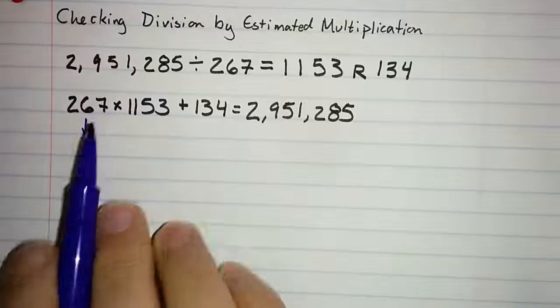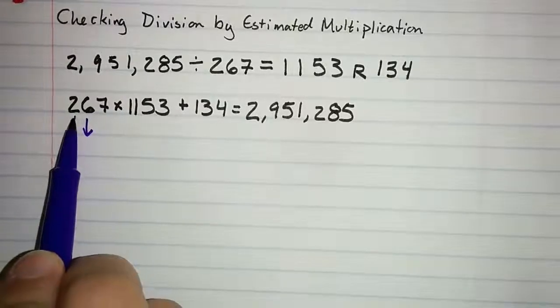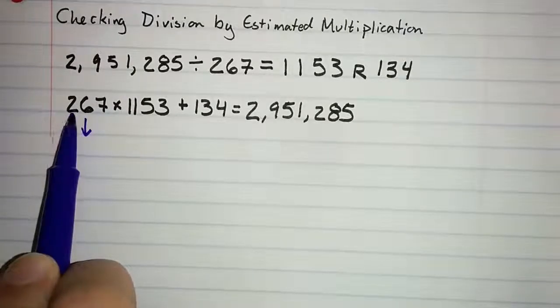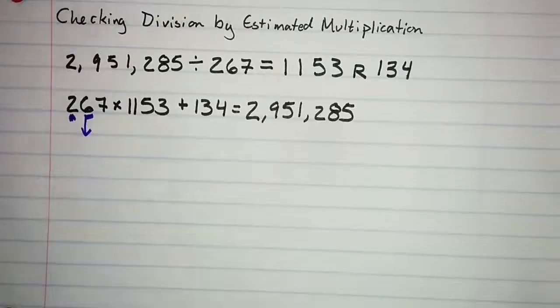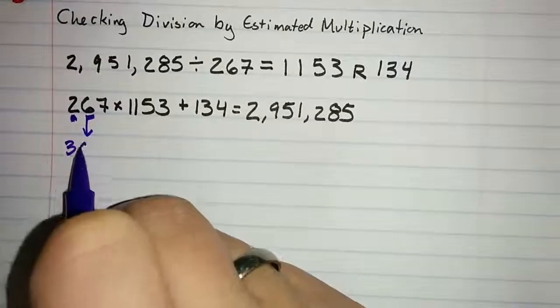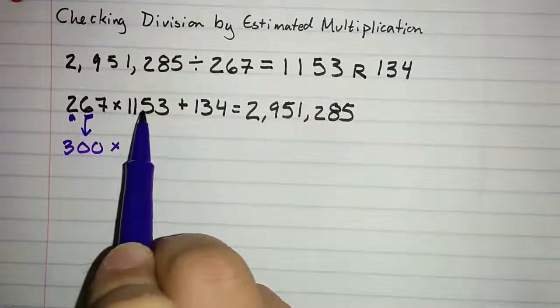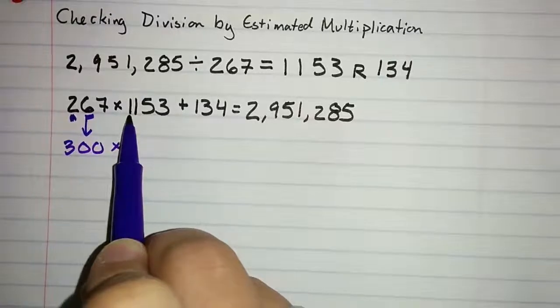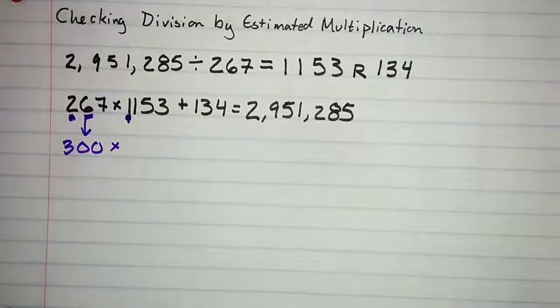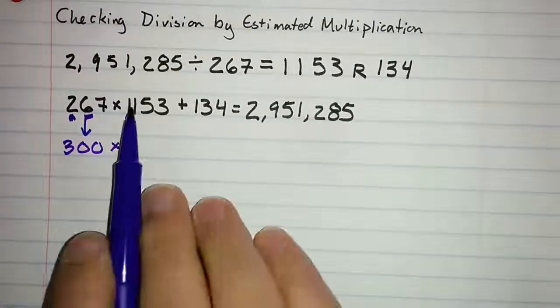So 267, that's between 200 and 300. The 6 tells us that it's closer to 300. 1,153, that's between 1,000 and 2,000.